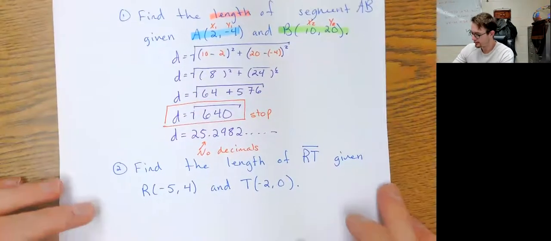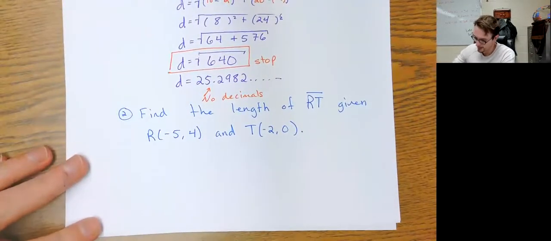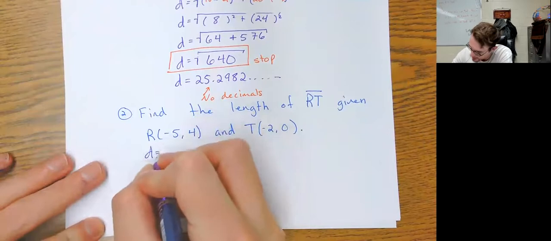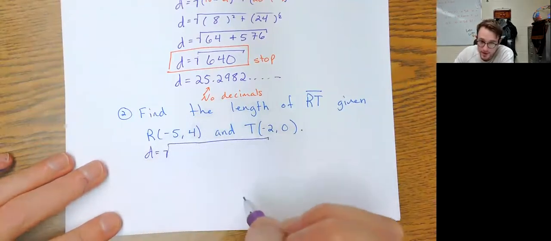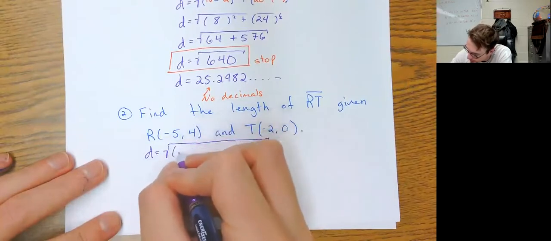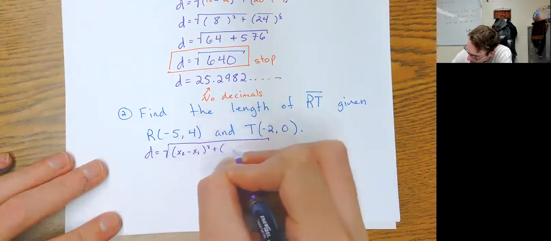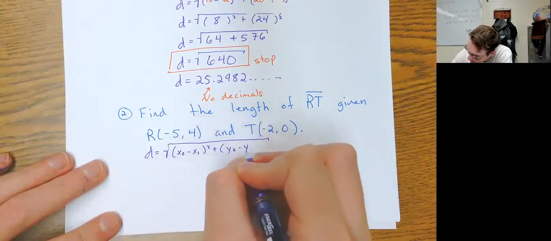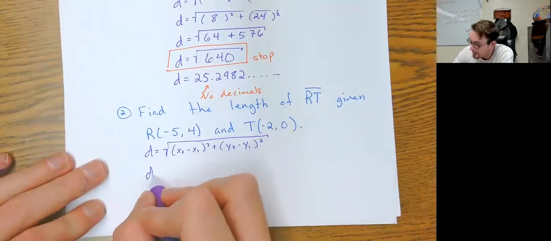All right, one more. So again, I write down the distance formula. I got d equals the square root. Since it's out of view, I'm going to write out the entire general one, which is x2 minus x1 squared plus y sub 2 minus y sub 1 squared. Then I write it all again.